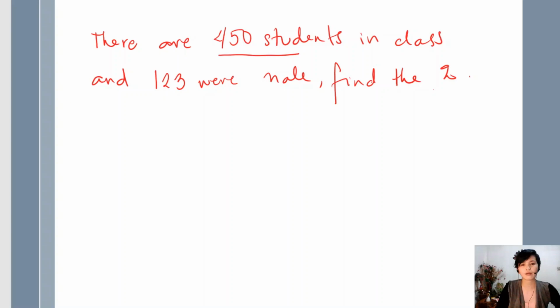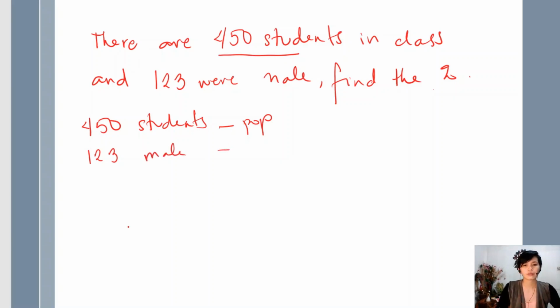You have your total number, so you have 450 students as your population. And then you have 123 male. So you have to get the percentage.